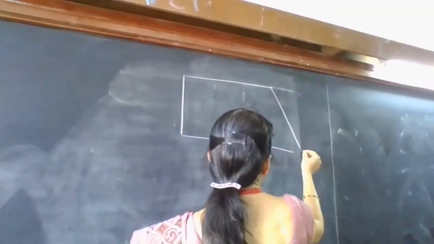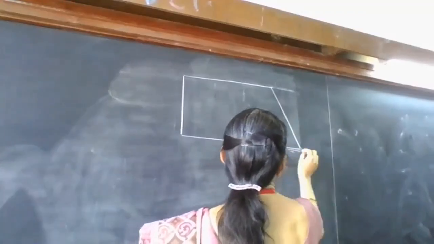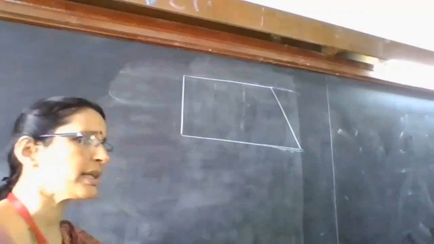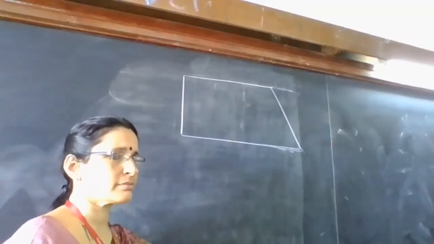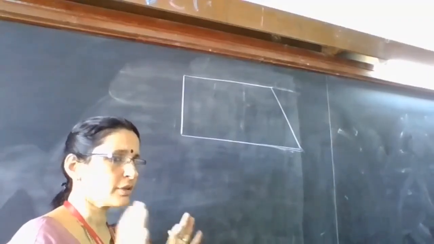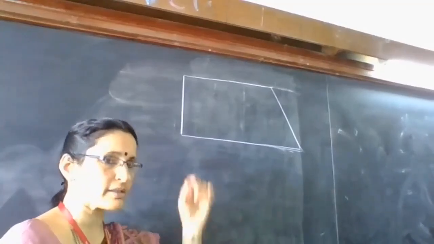Somebody has given already the name of a polygon. If they have told A, B, C, D, what is the significance when I write the names? Write the vertices.